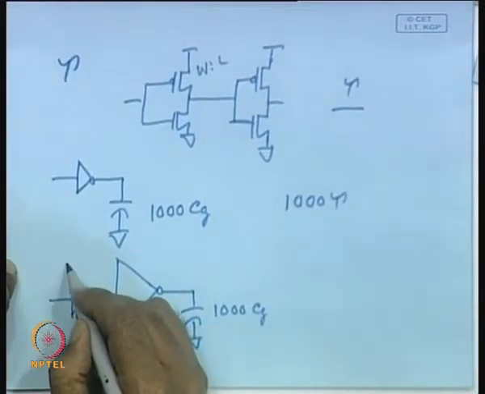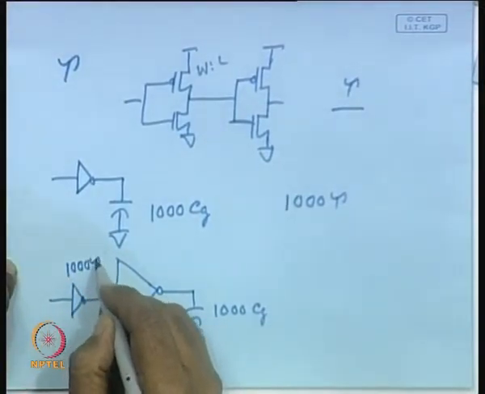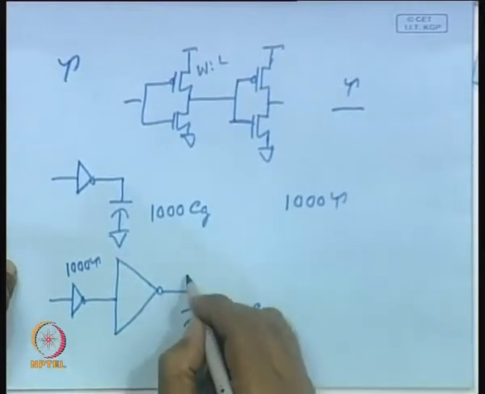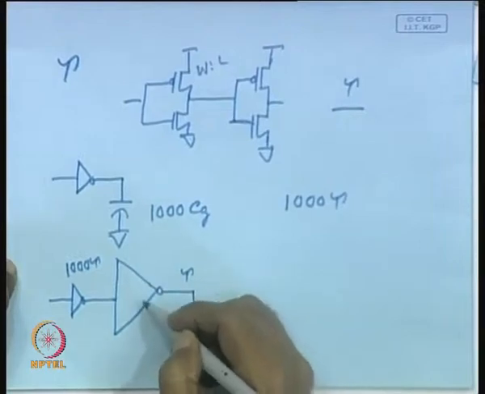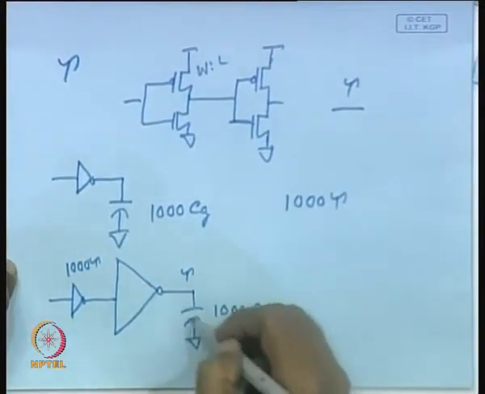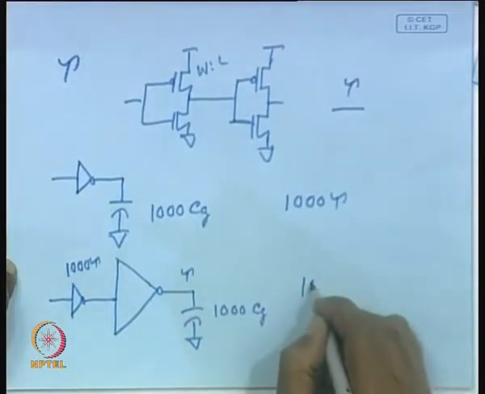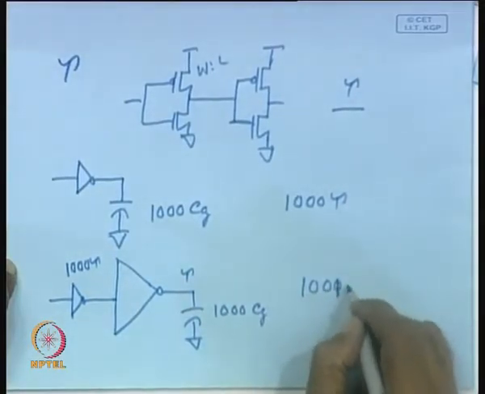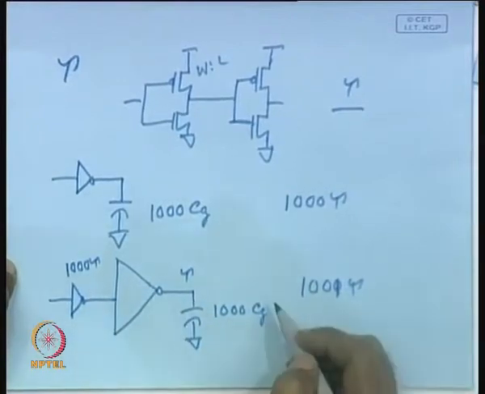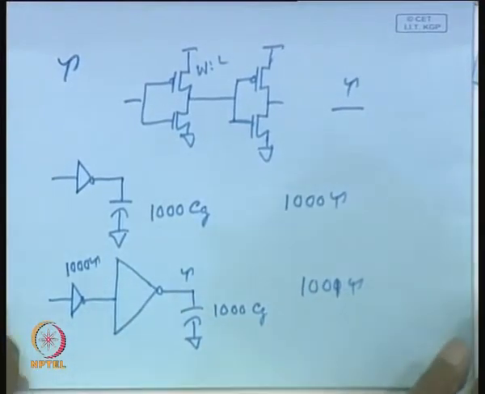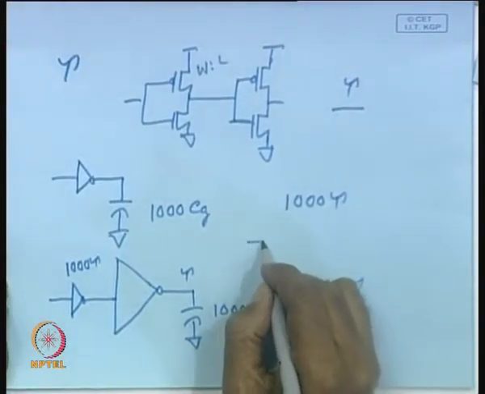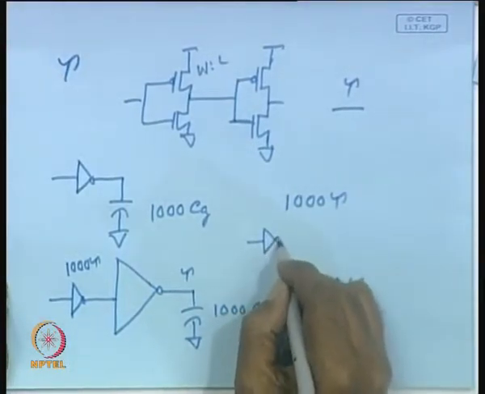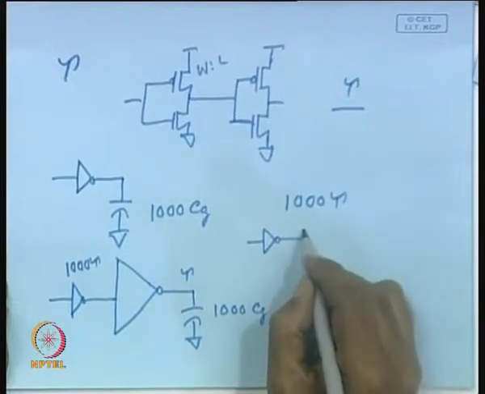So, delay of this gate will be 1000 tau maybe, but the delay of the large gate will now reduce, it will become tau, because resistance is now very small and you are driving the capacitance. The relative value of resistance and capacitance is what matters. So, that means the total delay will be 1001 tau in this particular case. Now, let us consider a situation where instead of doing this, let us increasingly change the size.